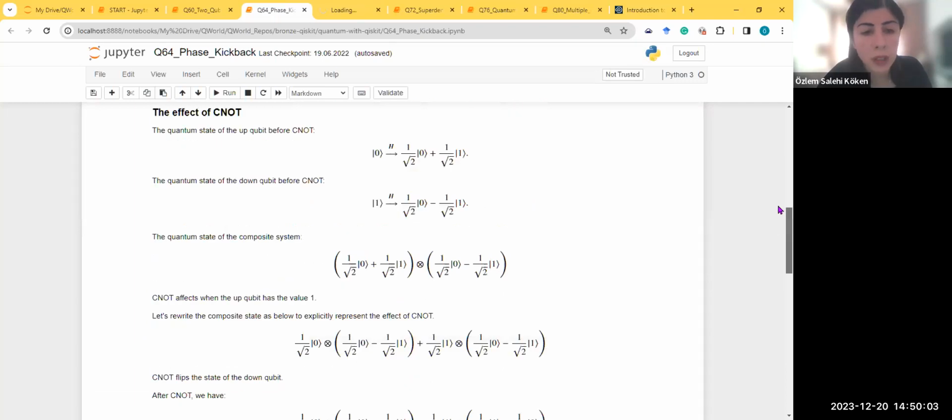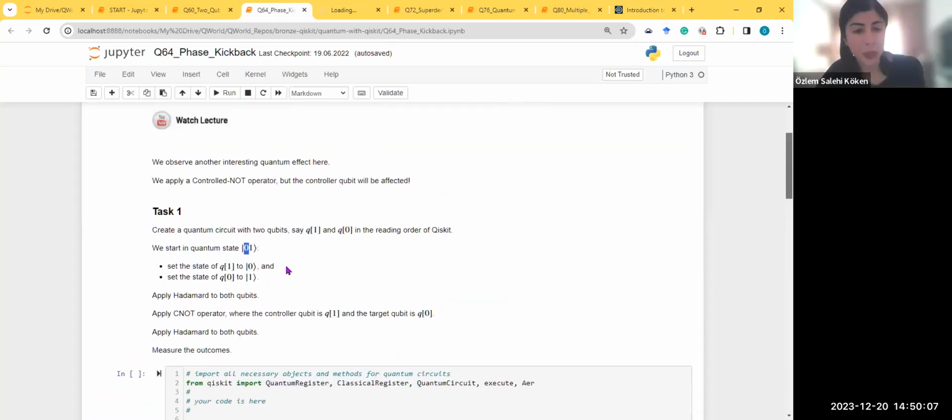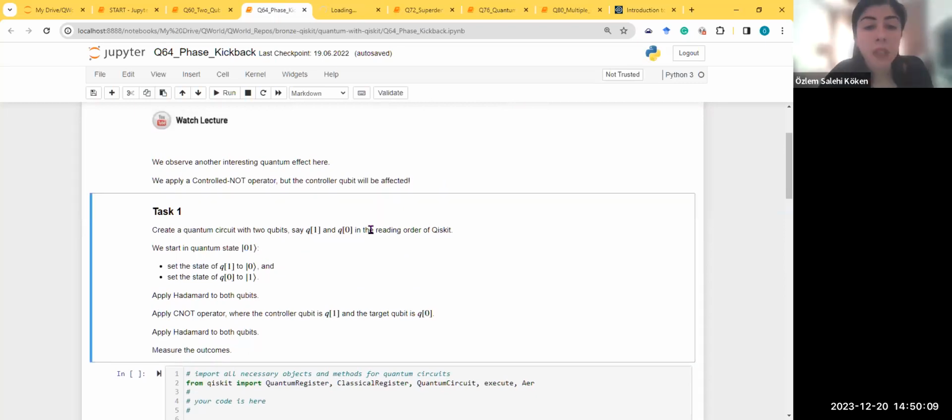Oh, okay, it's 11. I am correct. I mixed the qubit order again, sorry. So Q1 is the control and Q0 is the target. So this is the control and this is the target. The second one is the target. But as a result of this, you will observe that the output state is 11.